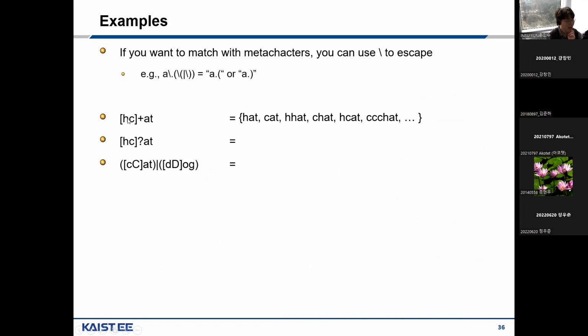So H, C, HH, HC, CH, CC, and those will be repeated. I think this should be CC though. So those will be repeated. Okay. And what about the next one?